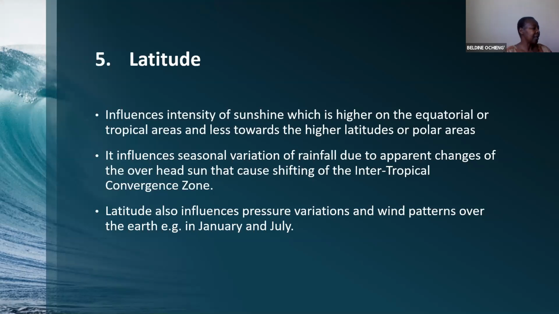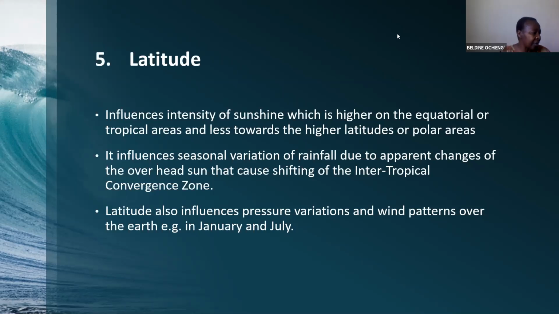Then the last one, latitude also influences pressure variations and wind pattern over the earth, e.g. January and July. We remember the four phases of the earth during revolution, and we can tell the dates, we can tell the summer solstice, winter solstice, and the equinoxes. Now, where we have the sun facing, usually it will have higher temperatures.